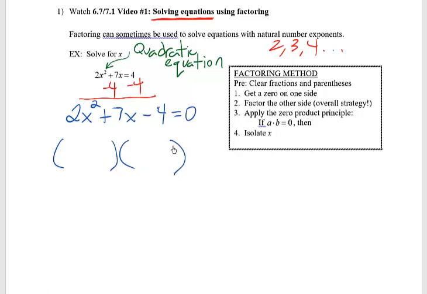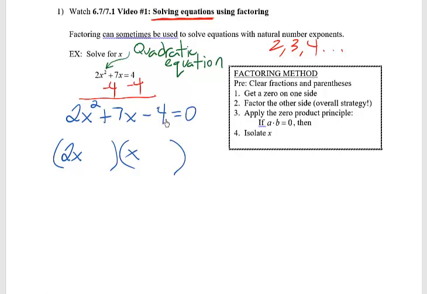As far as the reverse FOIL, let's see, I love the 2x squared at the front. I know that comes from the first term in each factor down here. There's only one way to make 2x squared. 2x times x. So that's very, very simple. Then I go to the back, the 4.